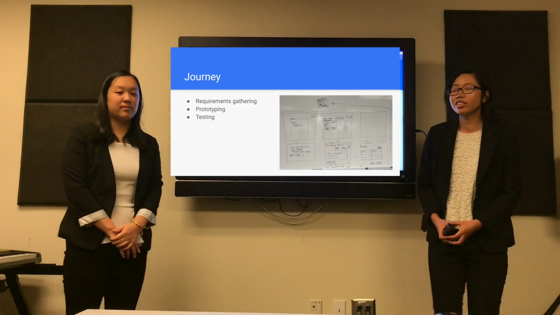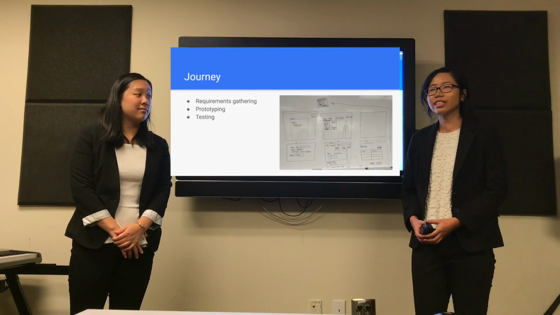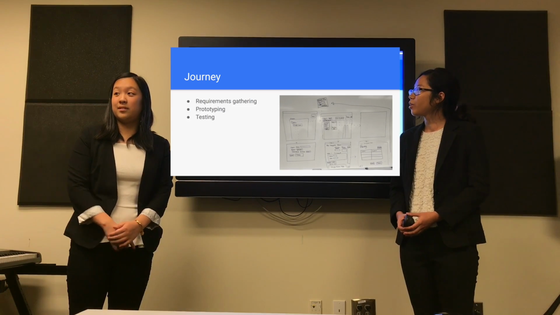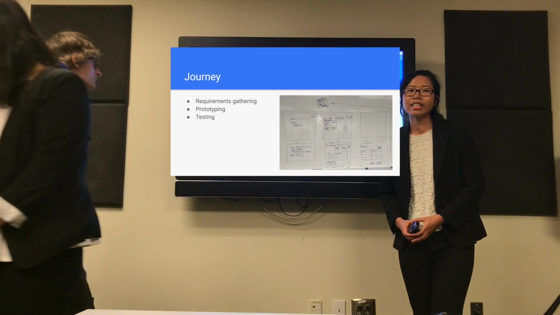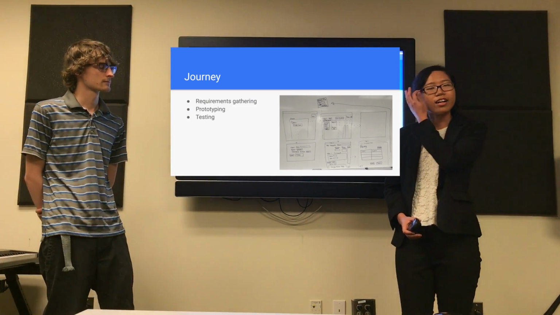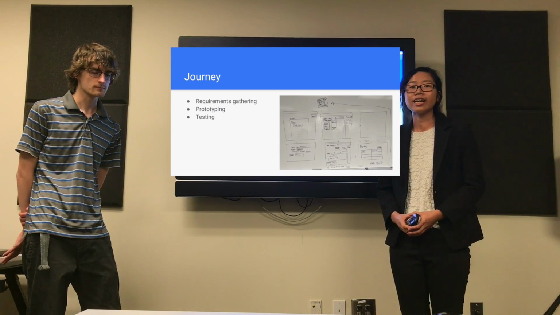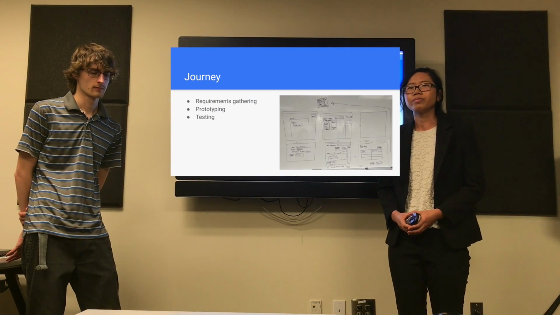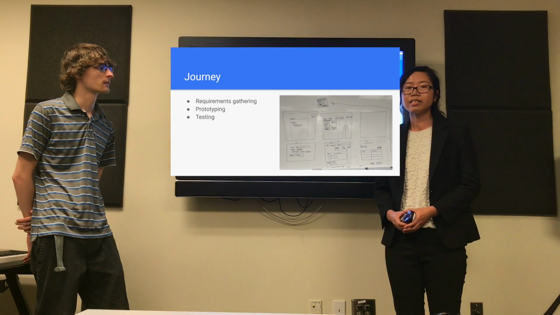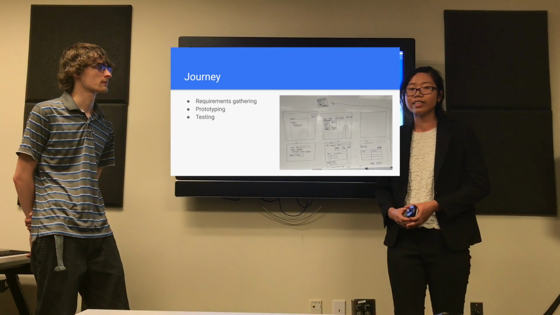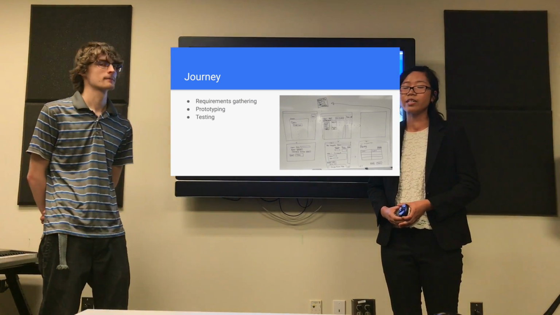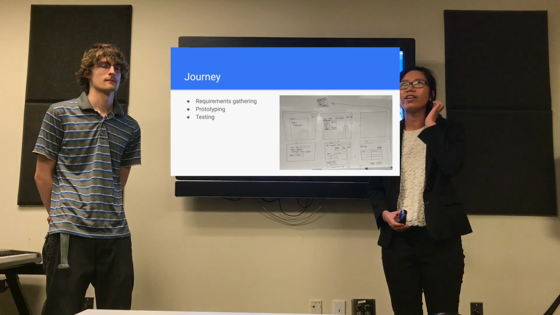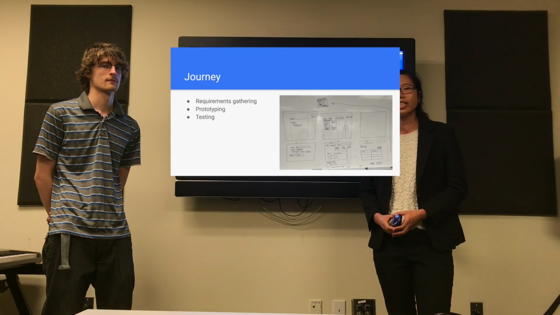So the process of the project that we have done up to this point: first, the requirement gathering stage, we came to the client to talk about his concerns and the benefits of the desired application. And then we created a detailed list of interactions between the system and user for both professor and student.